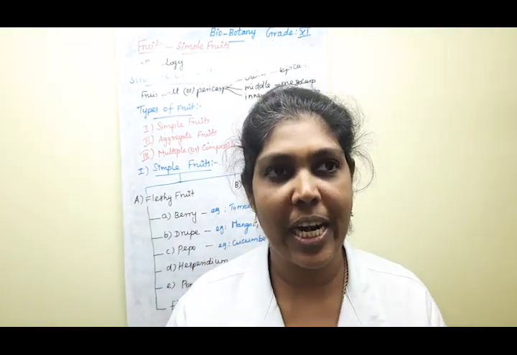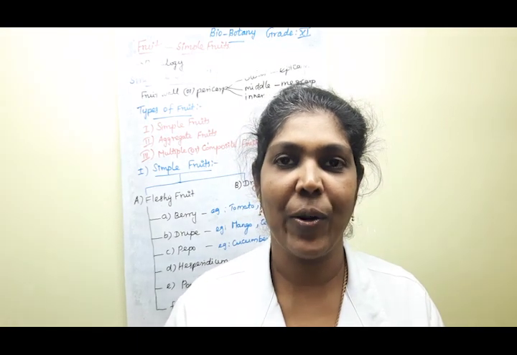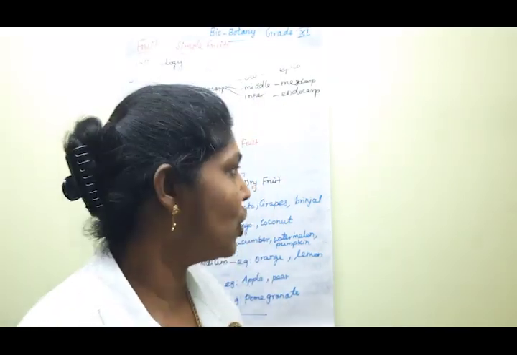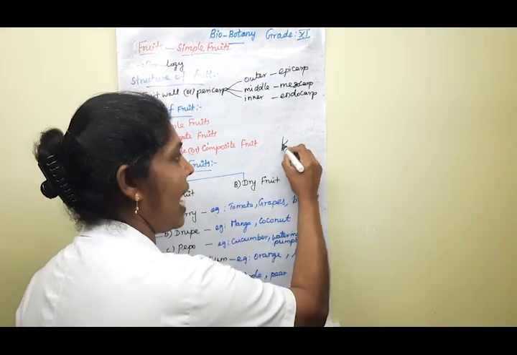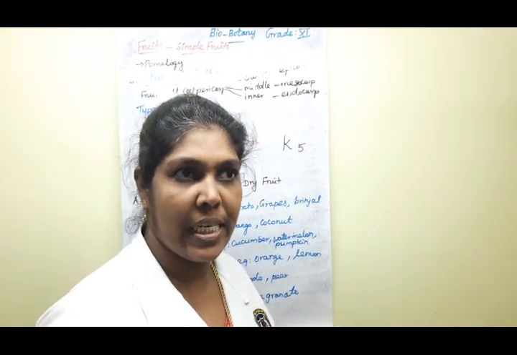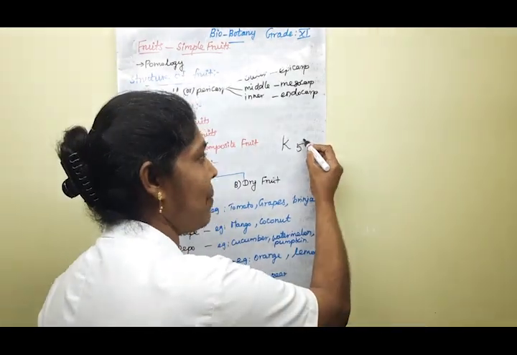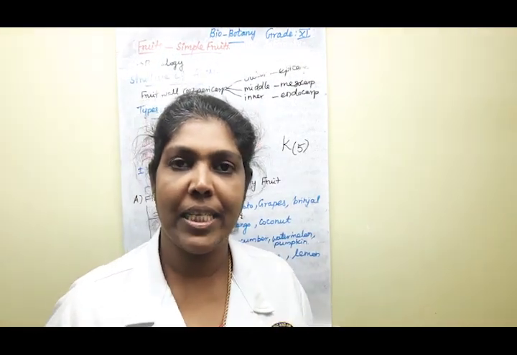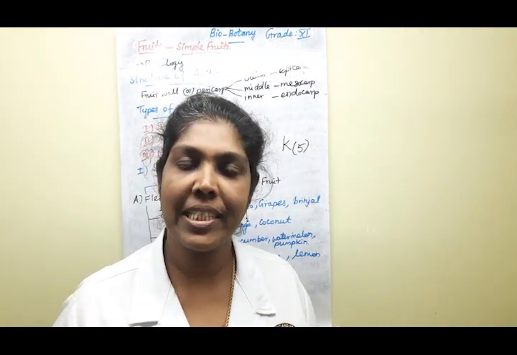How will you write, children? Yes, very good. The sepal means the calyx whorl, so you have to write K5, with the bracket or without the bracket? Very good. Syn-sepalous, so you have to put the bracket. Clear? Say yes or no?